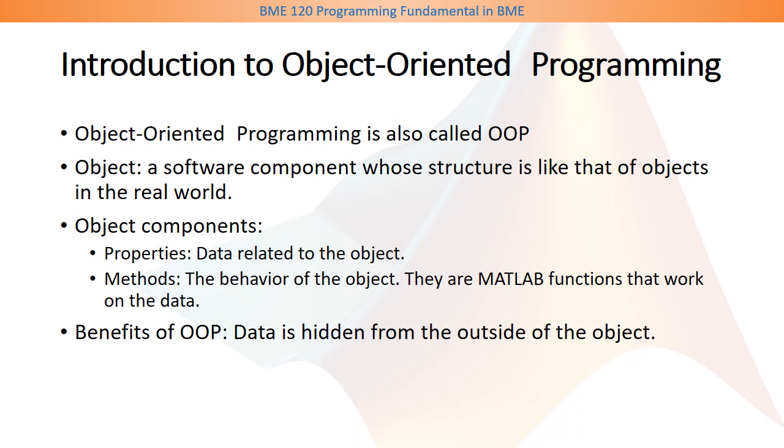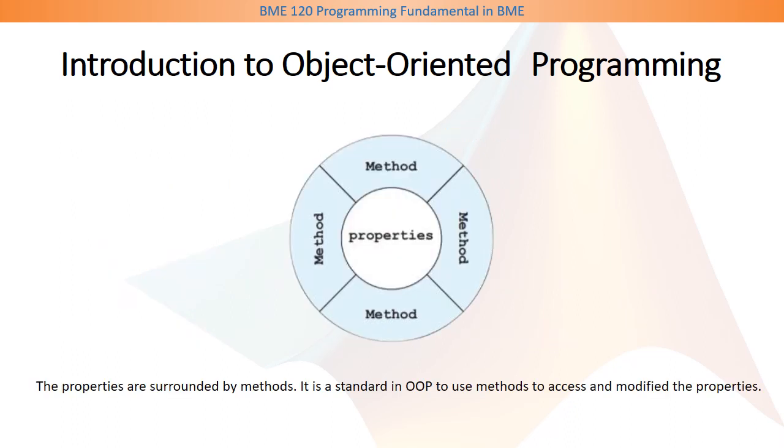The benefit of object-oriented programming is that the data can only be processed by the methods. In this way, the data can be hidden from the outside of the object. This is a good illustration of a data object. The properties are sitting in the middle, and they are surrounded by methods.